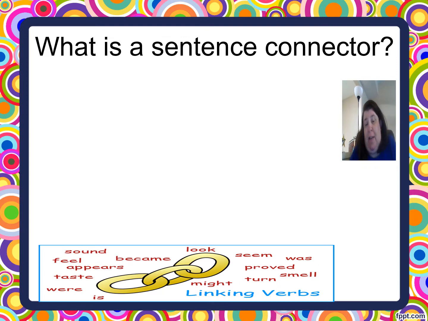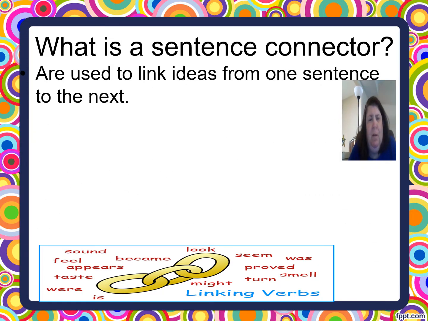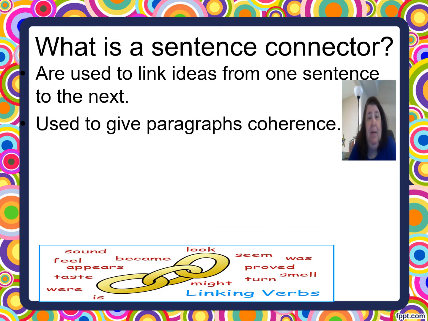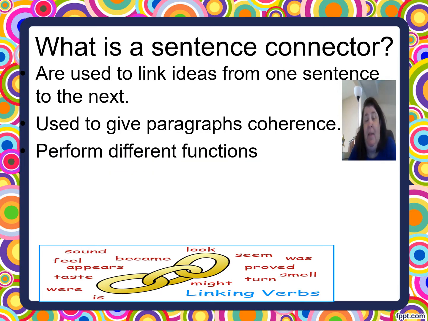And just like those chains, they're interconnected. They're used to link ideas from one sentence to the next, and to give paragraphs some coherence, a good flow. And they can perform different functions. We're going to look at about 5 or 6 of them in our lesson today.